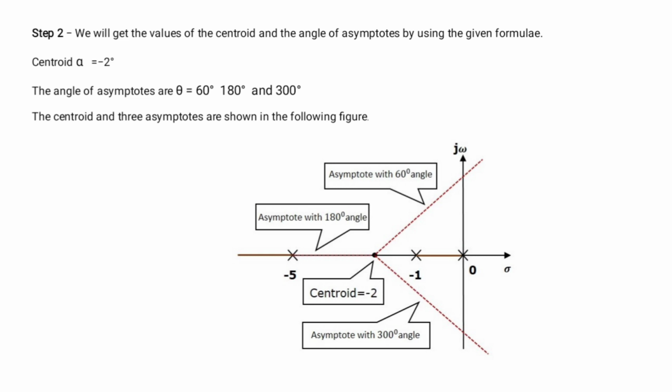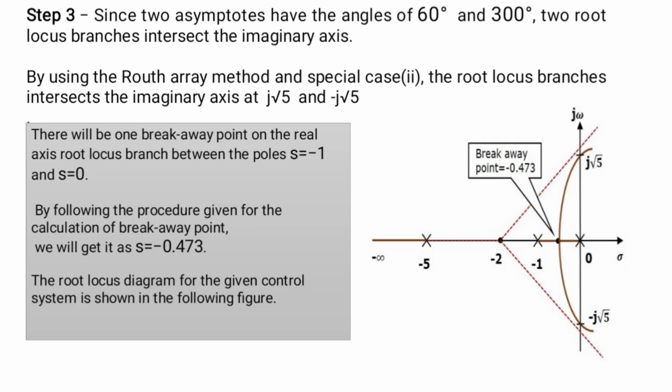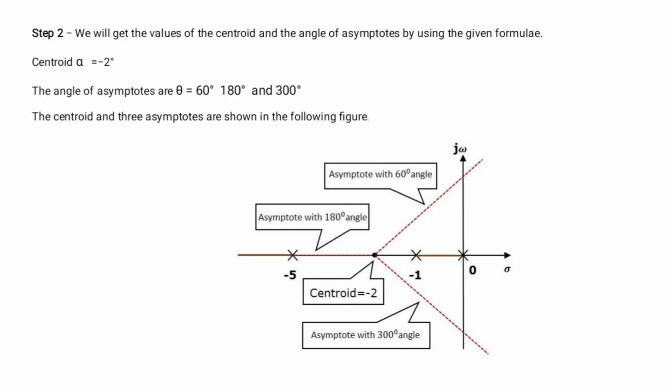The angles of the asymptotes theta equal to 60, 180 and 300 degrees. The centroid and the three asymptotes are shown in the following figure. One asymptote is 60 degrees, another is 180 degrees and another one is 300 degrees.